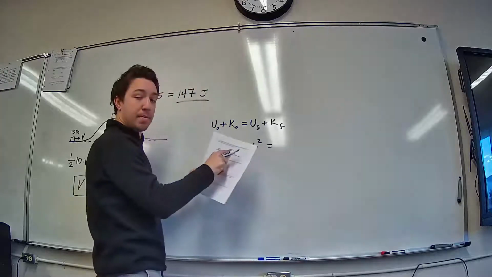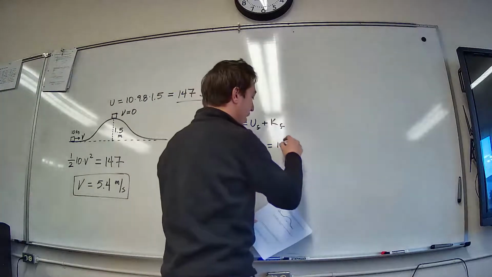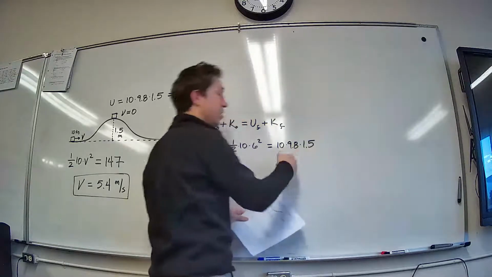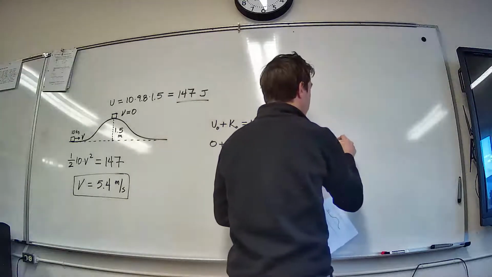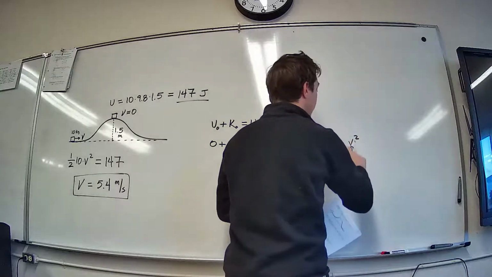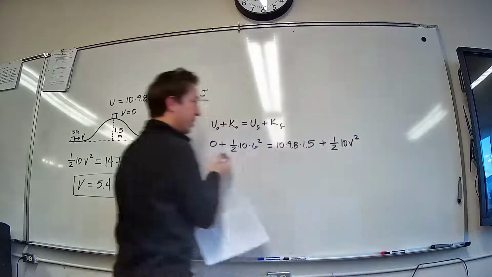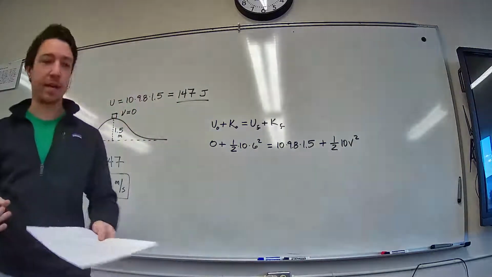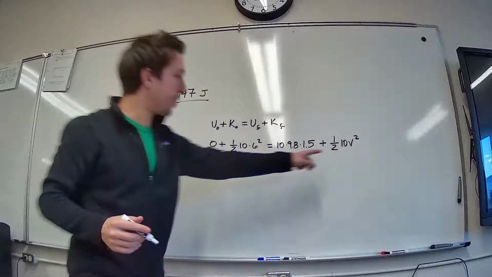And at the top of the ramp, he has mgh plus 1/2 mv squared. Is everyone okay with the way I wrote that? Okay, so take your calculator and calculate v.